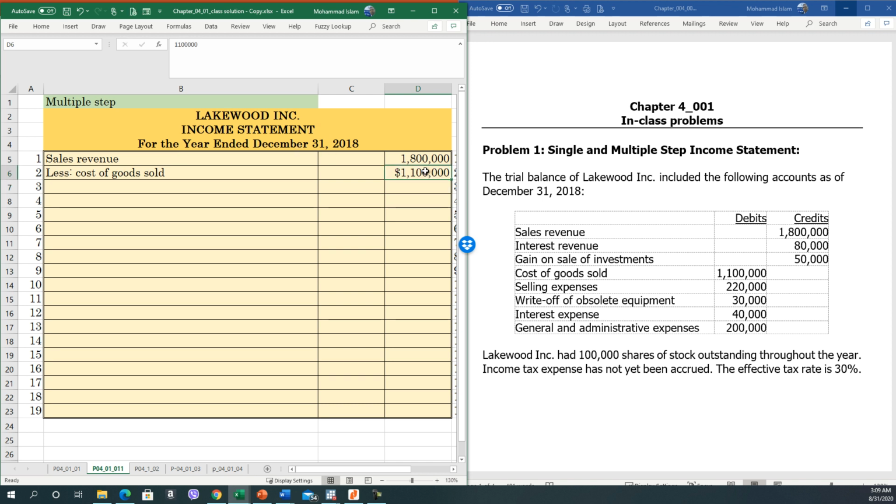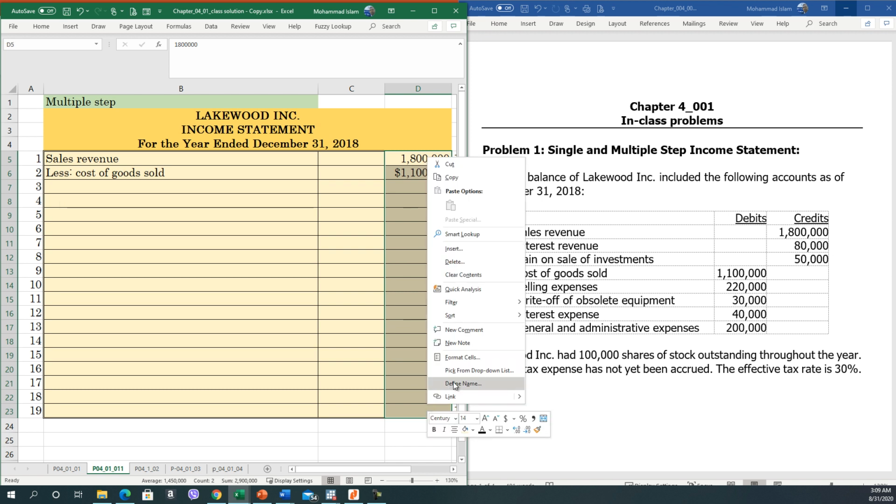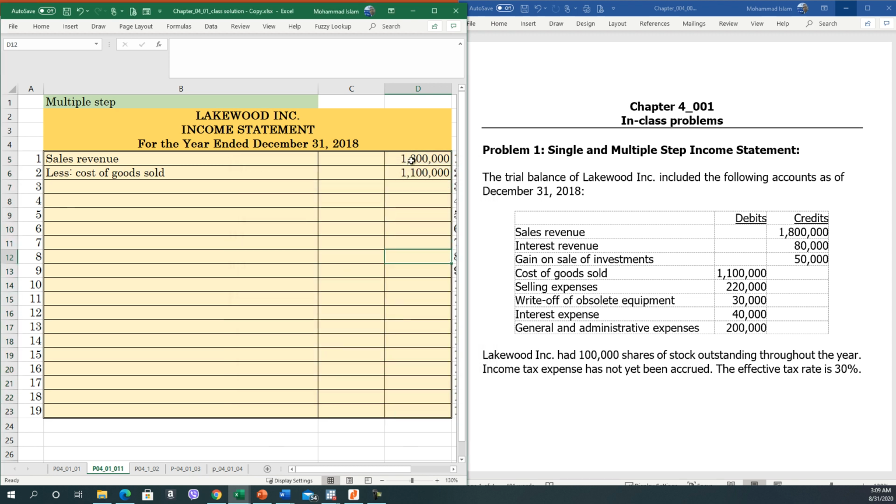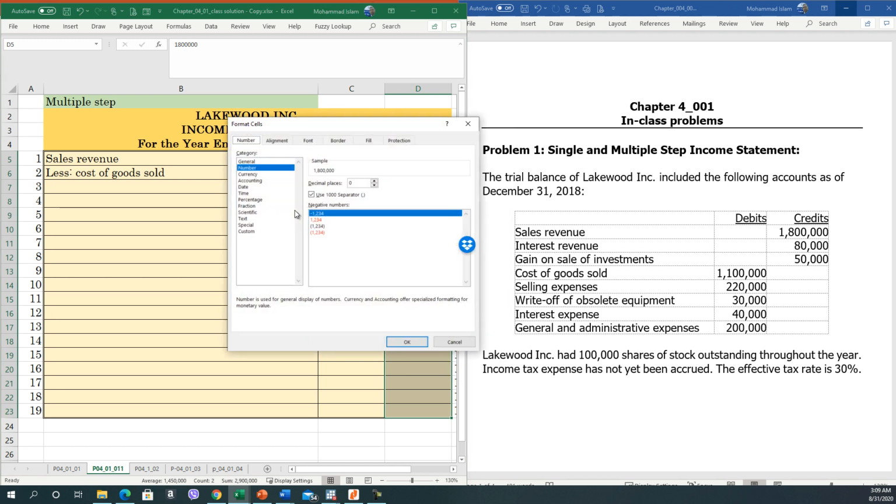After subtracting, let's use all of them as currency. It should be currency, correct?